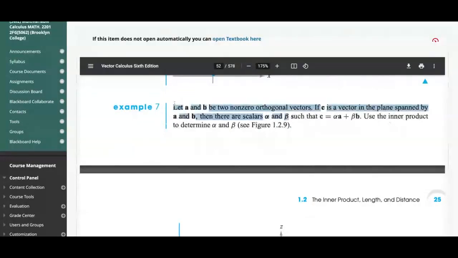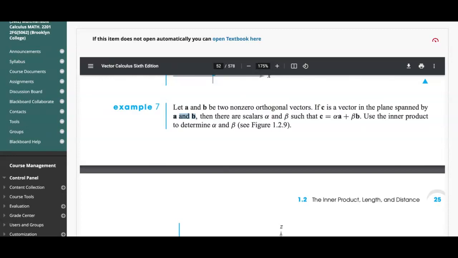So example 7 is saying two non-zero orthogonal vectors, A and B. If C is a vector in the plane spanned by A and B, think about A plus B. Remember when we add two vectors, the picture is the two vectors form a parallelogram, and the longer diagonal of the parallelogram is the sum of the two vectors.